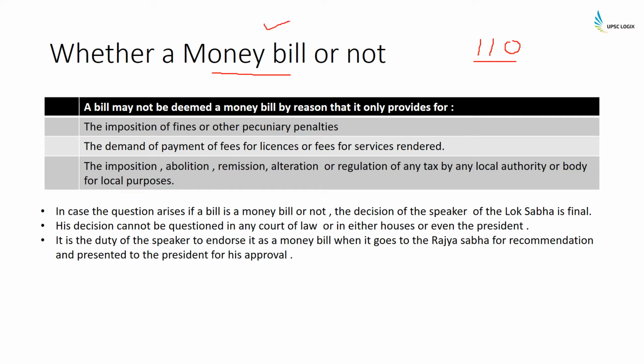A bill may not be deemed a money bill by reason that it only provides for imposition of fines or other pecuniary penalties, the demand of payment of fees for licenses or fees for services rendered, and imposition, abolition, remission, alteration, or regulation of any tax by a local authority or body for local purposes. We know that taxation has been given, but if it is being done by a local authority, it cannot be considered a money bill.